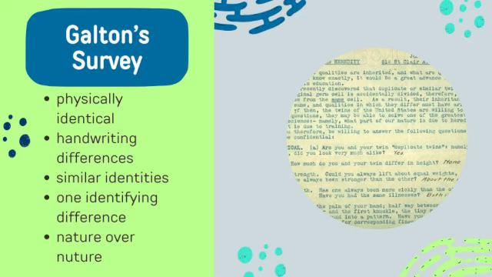But through this survey, Galton came to the conclusion that nature, or the way that a person is due to their genetics and how they were born, has more of an impact on a human being than nurture, or how they were raised and brought up in the environment around them.